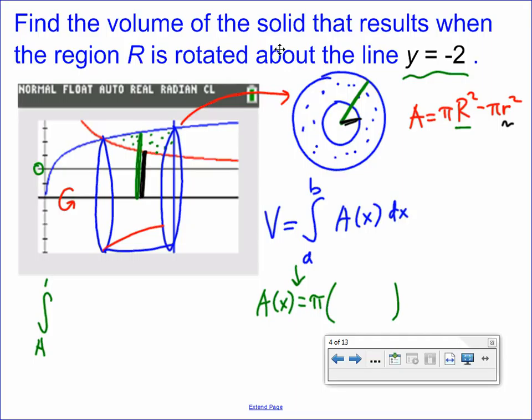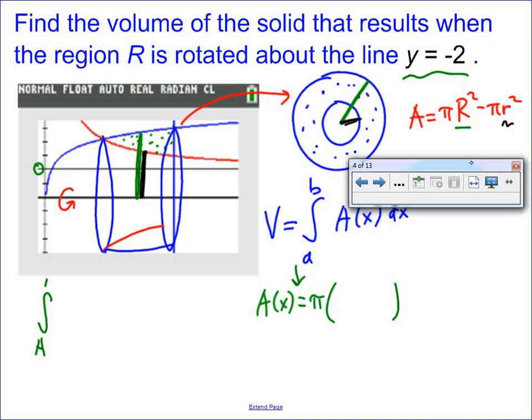My top curve is the natural log curve, y equals ln of x, close input, plus 3, minus bottom curve. What's my bottom curve? My bottom curve is y equals -2. Notice the use of the parentheses.